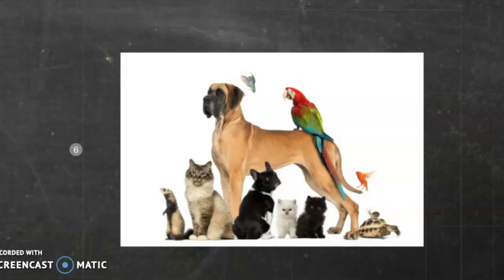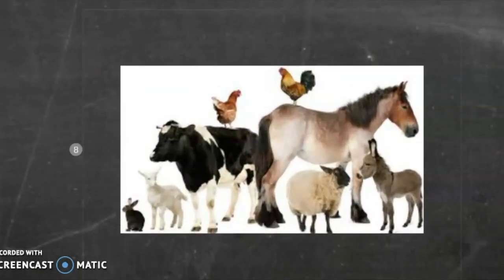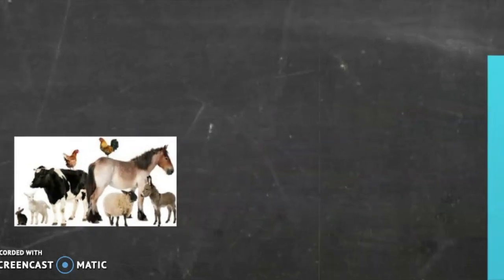There are also other kinds of domestic animals that sometimes we can't really find in our homes, for example, cows, chickens, pigs, sheep, horses. These kinds of domestic animals do not necessarily live in the house with us, but they do need our help to survive. And they also help us survive by providing food, let's say milk from the cows, or eggs from the chicken.